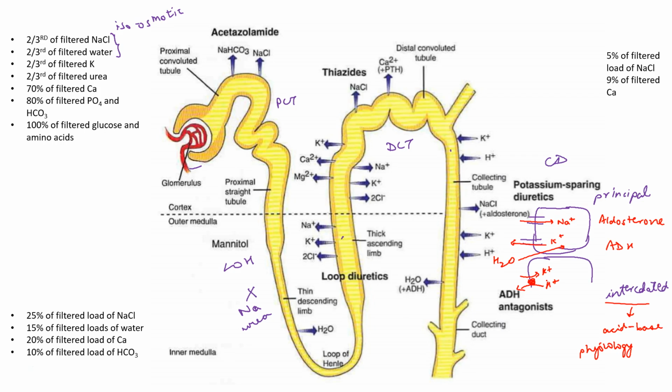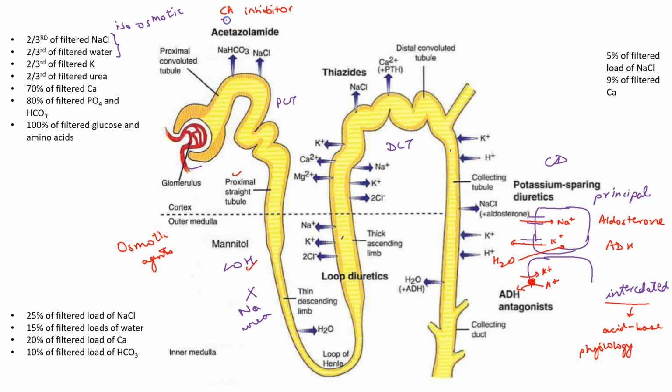So, coming to the classification of the diuretics, we have carbonic anhydrase inhibitors like acetazolamide. We have osmotic agents like mannitol. They act primarily at the PCT and the loop of Henle, but they can act throughout the tubule.